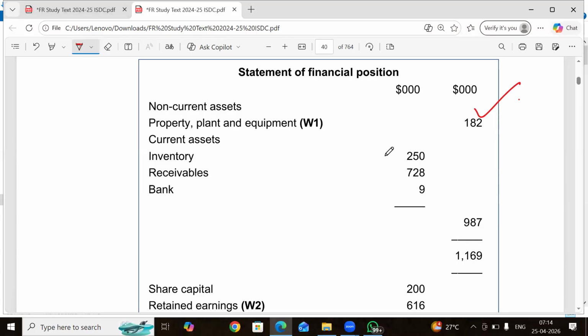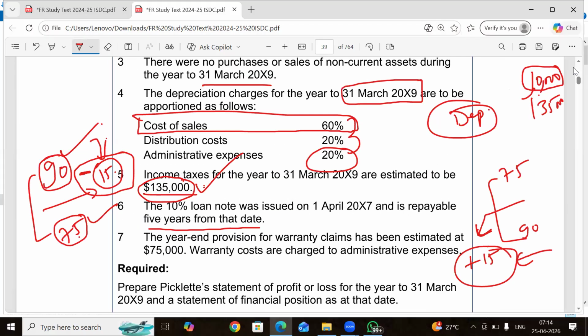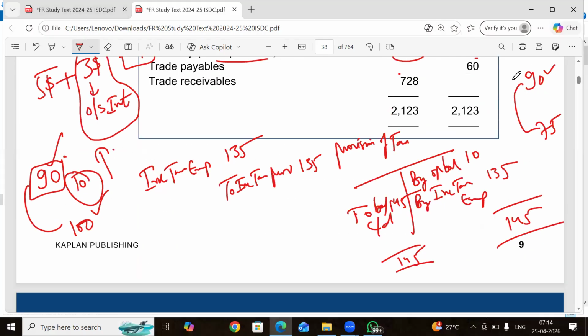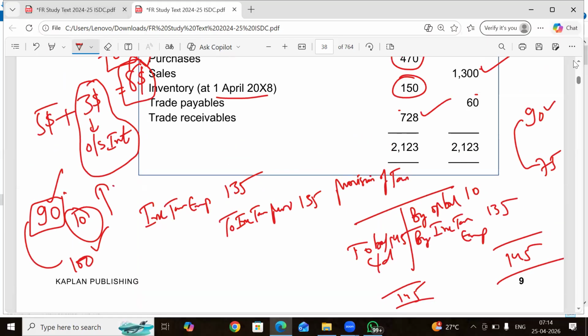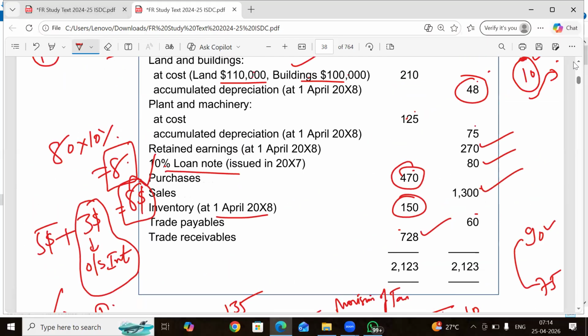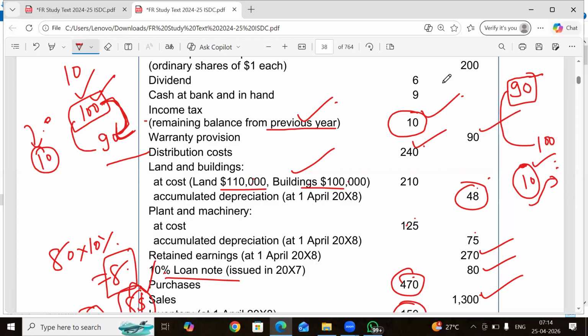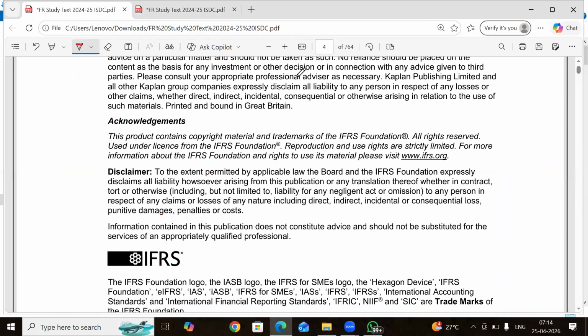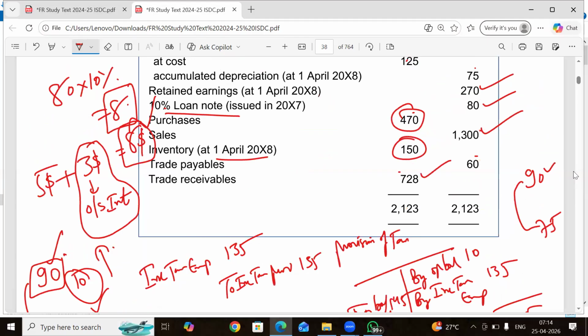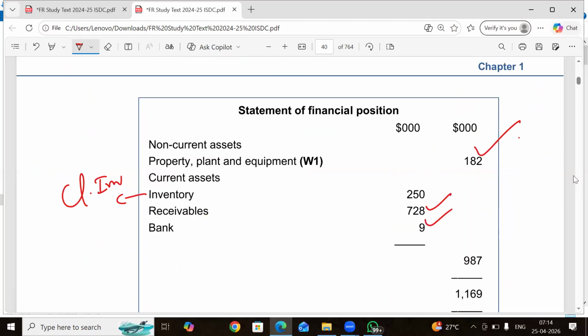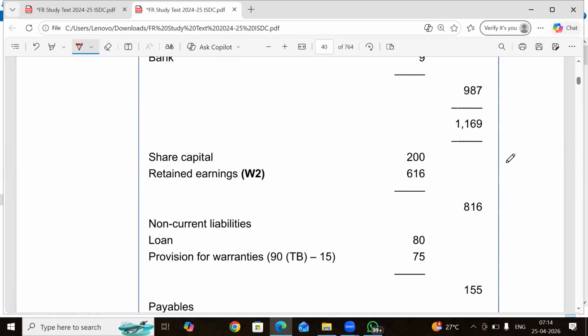Inventory, closing stock, receivables, no change, bank, no change, directly given in the trial balance. So total of assets.